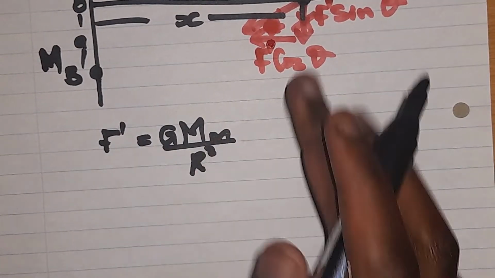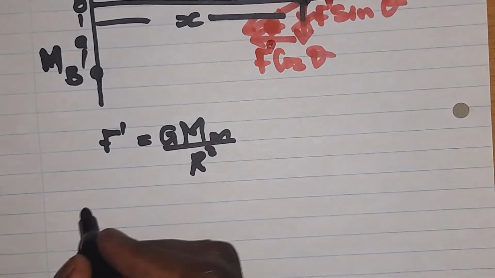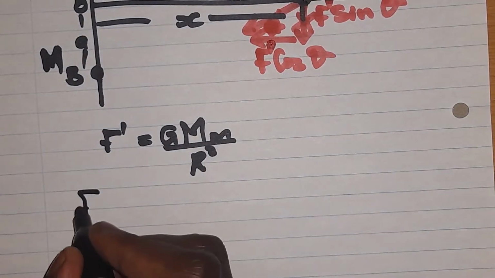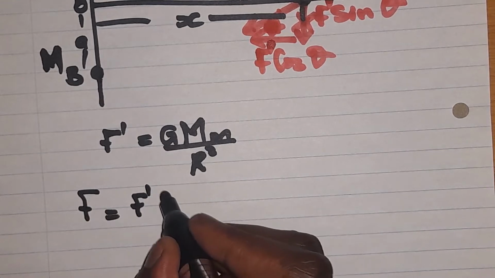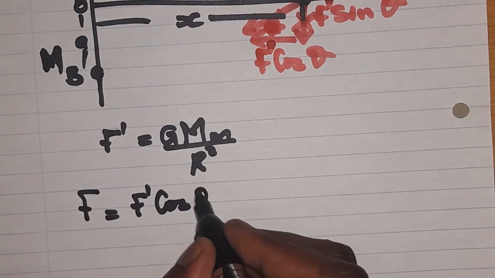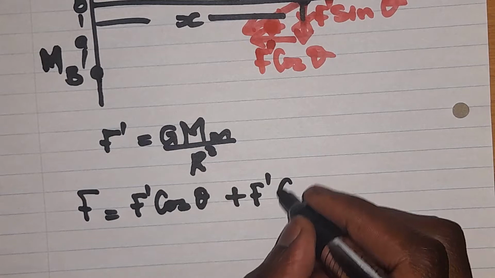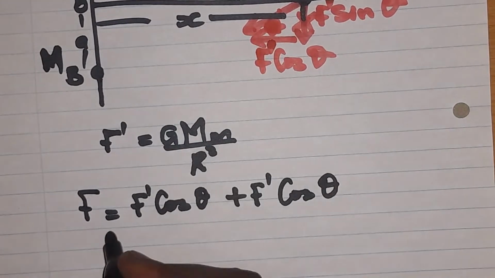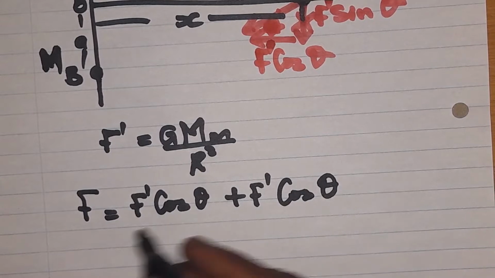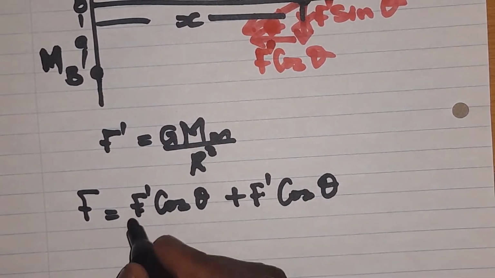So if you want to find the entire force that C experiences due to A and B, let's call it force F. It will be equal to F prime cos theta that it experiences due to A plus F prime cos theta which it experiences due to B. We'll say this is 2 F prime cos theta.